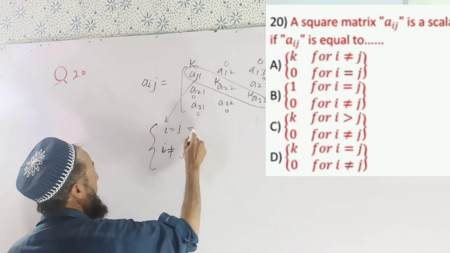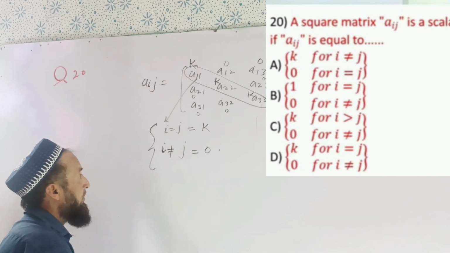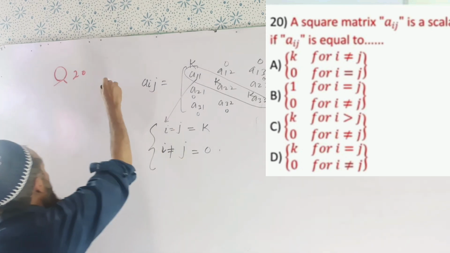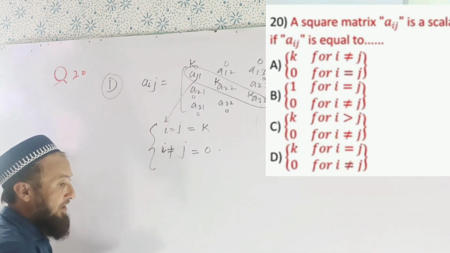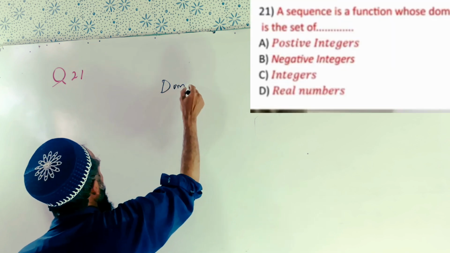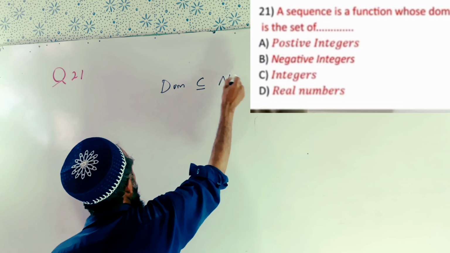So it will be K on the diagonal and 0 elsewhere. This condition is satisfied. Option D is the correct option here for the scalar matrix.